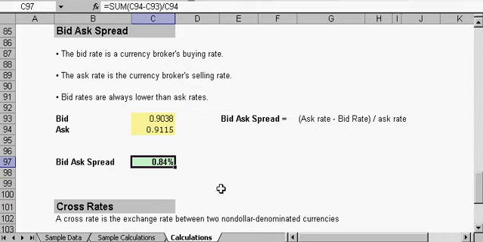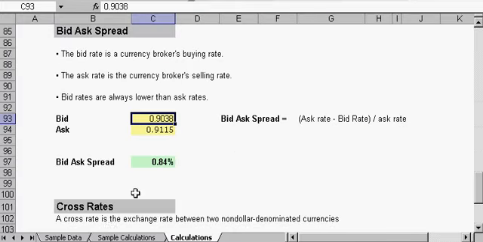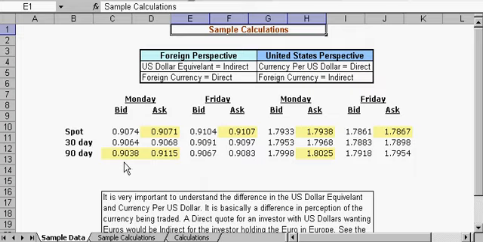If we went back to, we found that, 9038 and 9115, bid and ask. 9038, 9115, bid, 9038, 9115. That's our bid-ask spread.